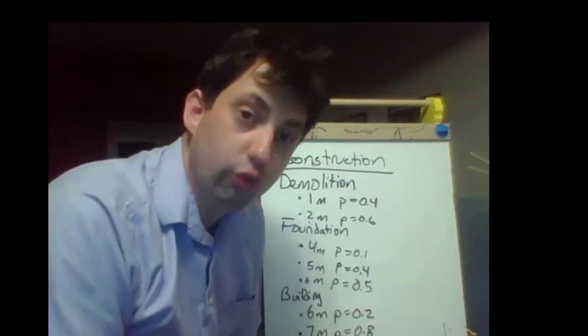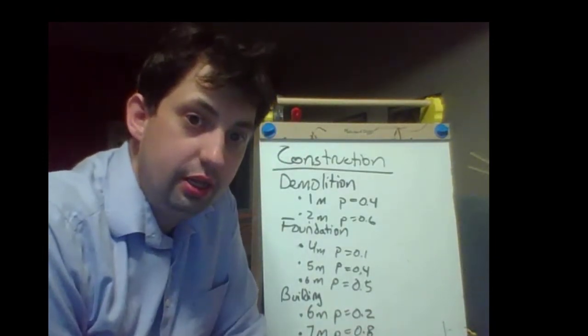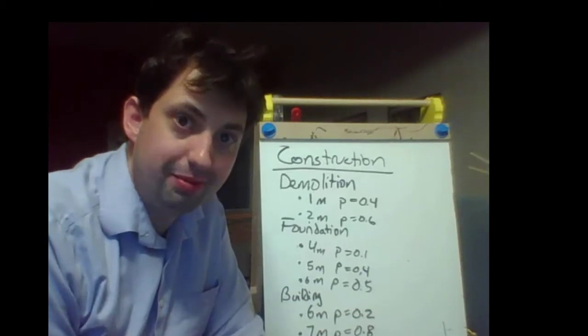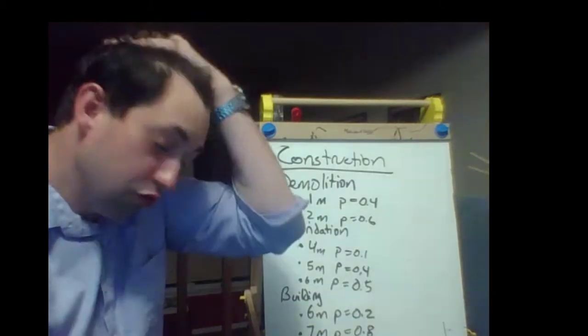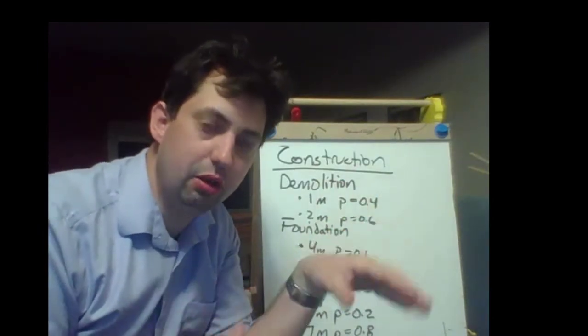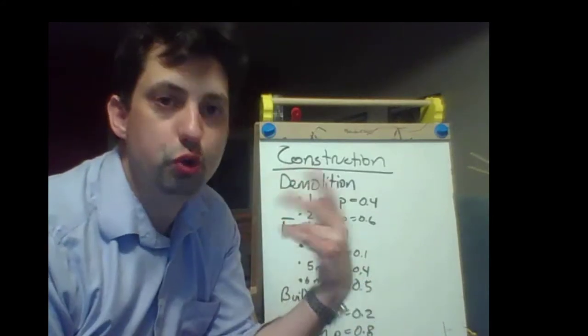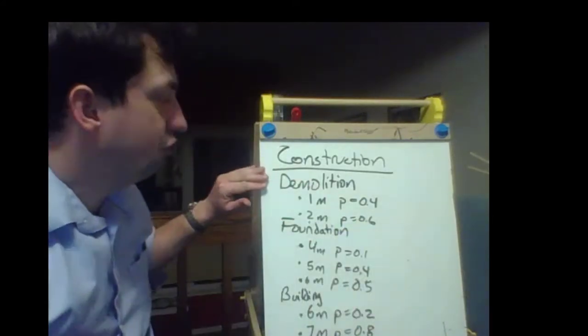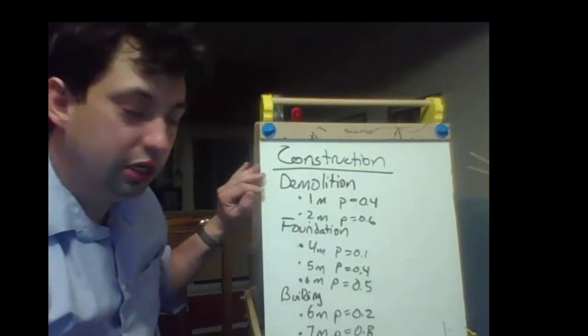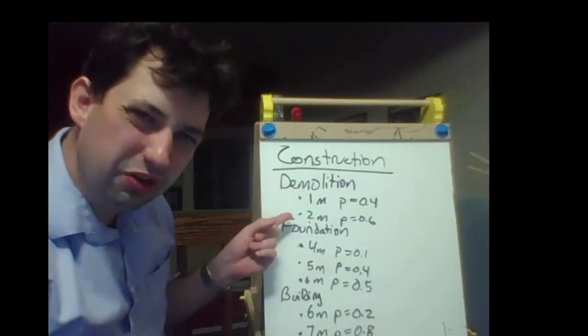Okay, let's go a little bit more extreme. Let's imagine that you work for a construction company and you're working on this new project, and at every stage, it's hard to tell exactly how long it'll take. But from experience with this kind of project, you know certain things. Demolition on the first stage could take 1 month or 2 months.